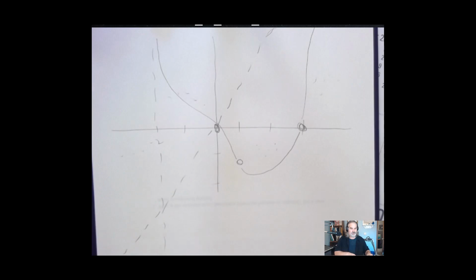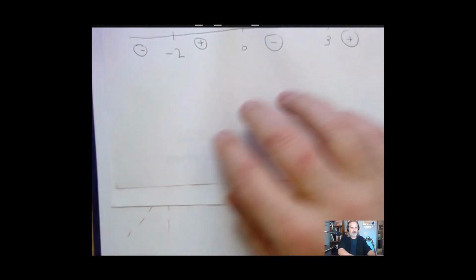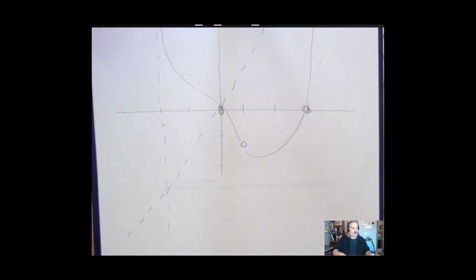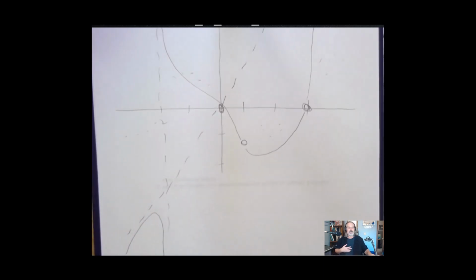What about the rest of it? Well, I need to the left of -2, remember, the graph has to be negative to the left of -2, but it needs to follow this horizontal asymptote and this slant asymptote, so perhaps it does this. Now, how do I know that this piece of the graph isn't up here?